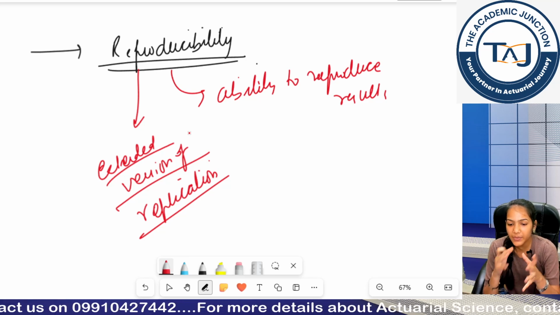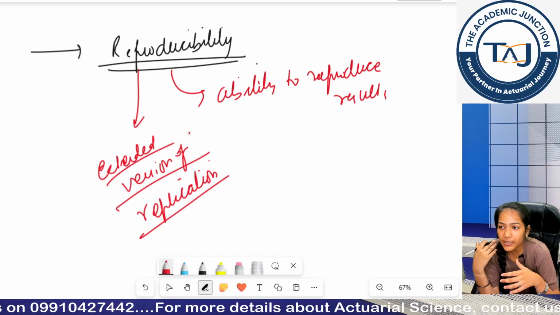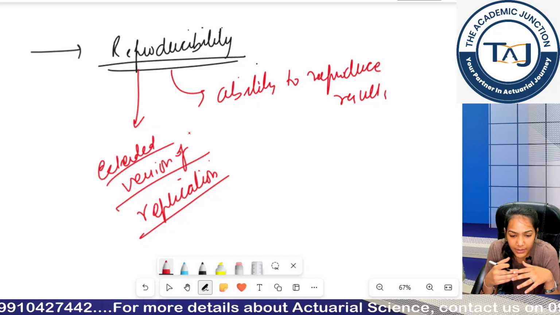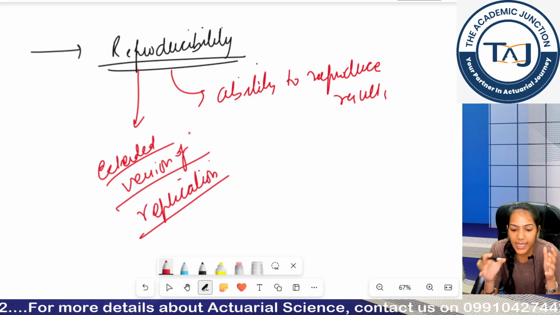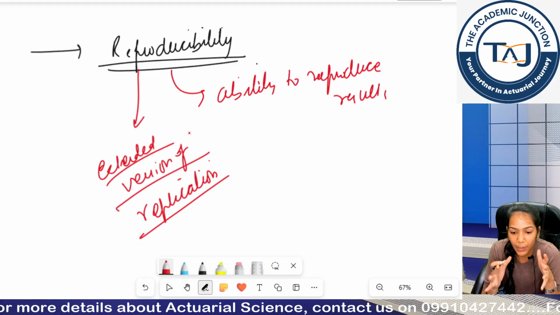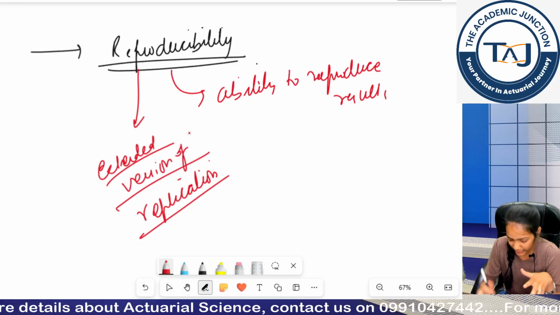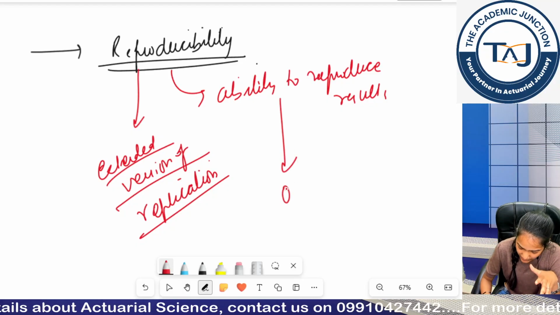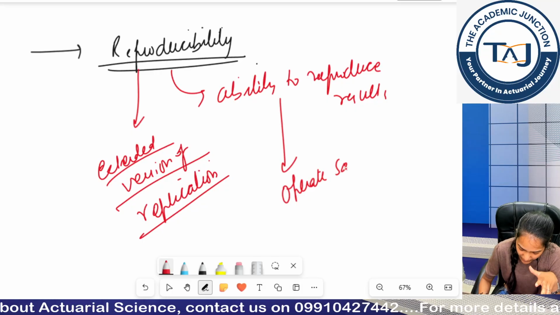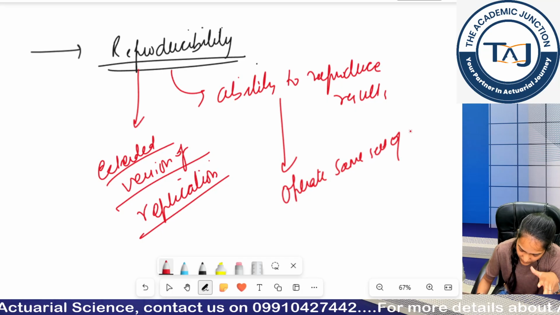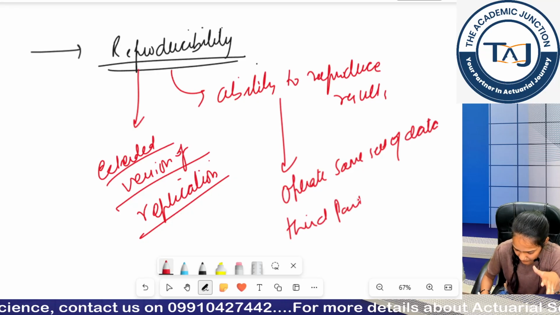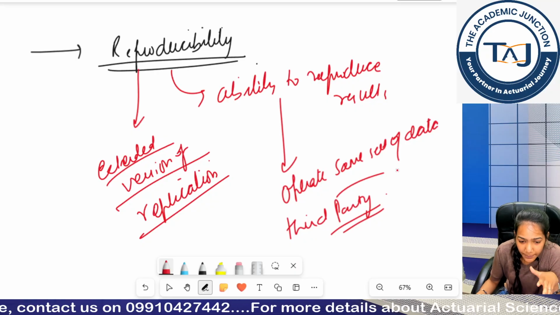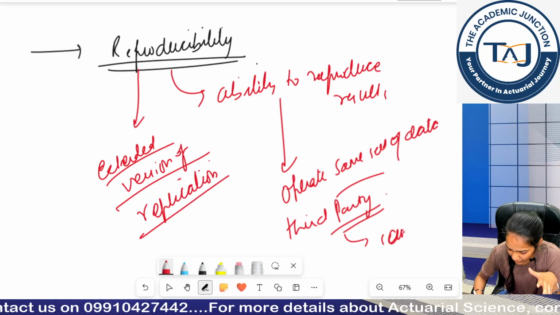For example, it is very difficult to restart your survey, restart your collection of data. Okay, so what I will do is operate on the same set of data, but a third party will operate, with the same set of variables.